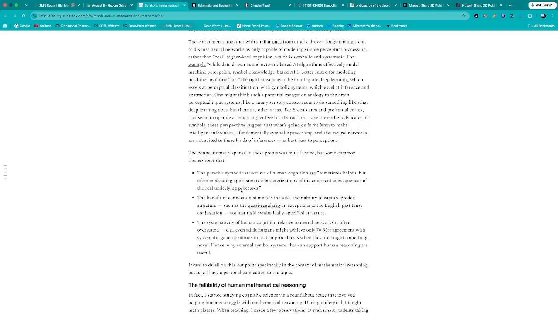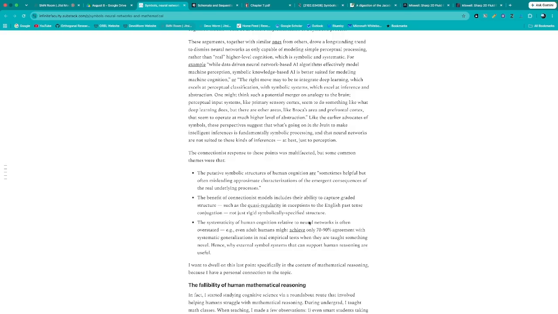Then, of course, the benefits of connectionist models include their ability to capture graded structure, such as the quasi-regularity in exceptions to the English past tense conjugation, not just rigid symbolically specified structure, so it allows us to innovate and to capture irregularities in the language structure that aren't captured by just throwing a bunch of symbols up.